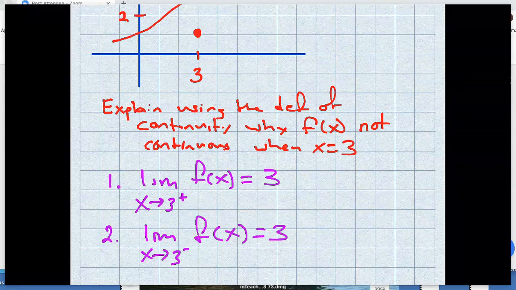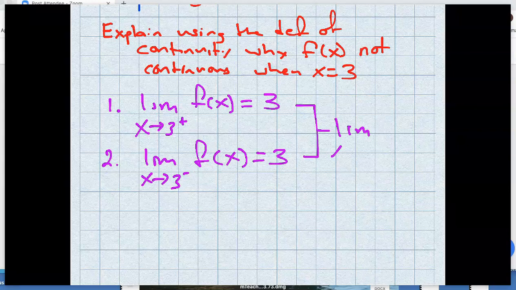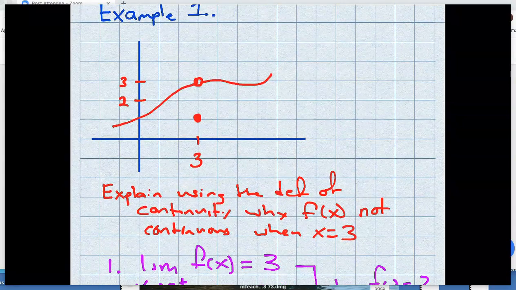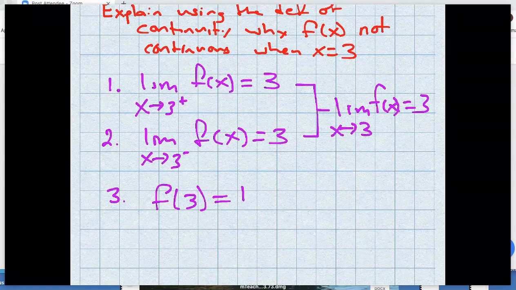I'd say, yep, that's 3 as well. Consequently, from what we did yesterday, this means the limit as x goes towards 3 of f of x is equal to 3, right? If the left side equals the right side, then they're equal. So the third thing is f of 3 is equal to 1.